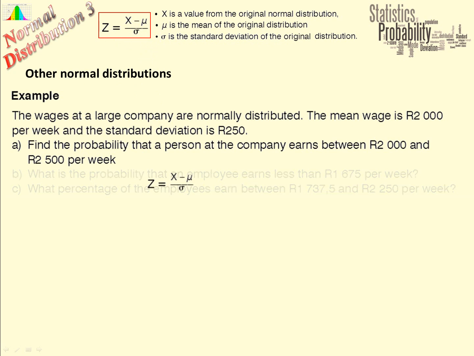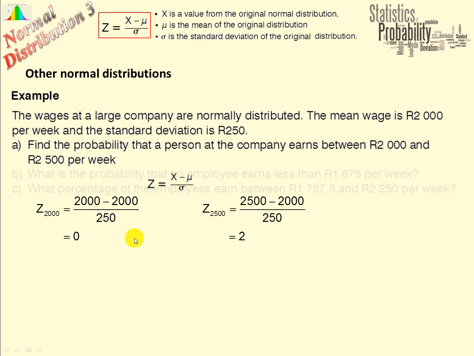So there is our conversion. The mean wage is 2,000. So therefore, Z for 2,000 is 0. 2,500 we put into the formula and we get a Z value of 2.